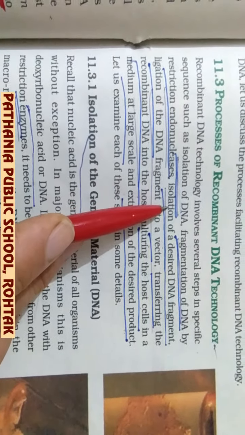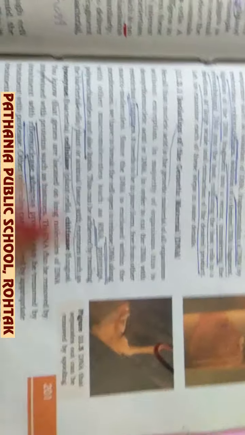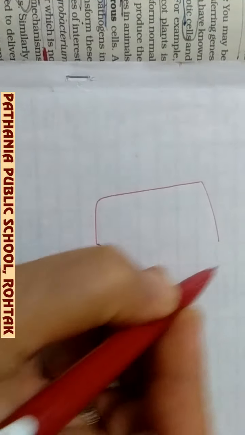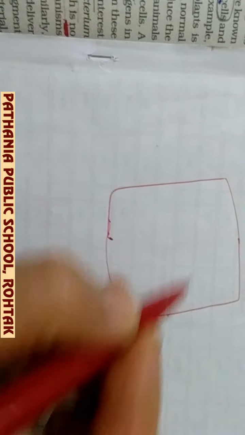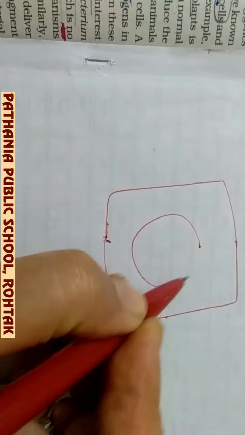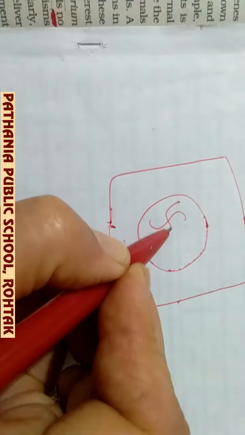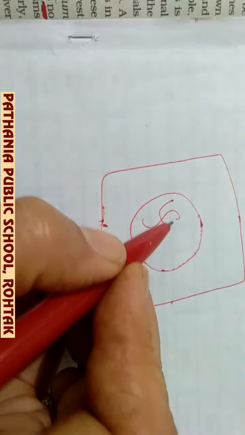So out of this, the first step is the isolation of the desired DNA fragment. How can it be explained? It can be explained this way. I am giving you one outline of this. Suppose this is the cell, and this cell is made up of a cell membrane, which is made up of protein and lipid, and this is the nuclear membrane, which is again made up of protein and lipid, and this DNA is actually a nucleoprotein.